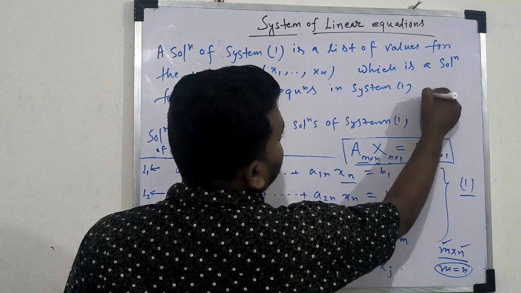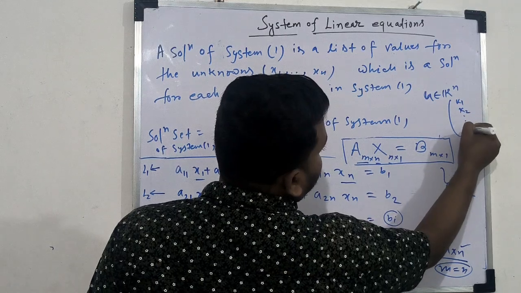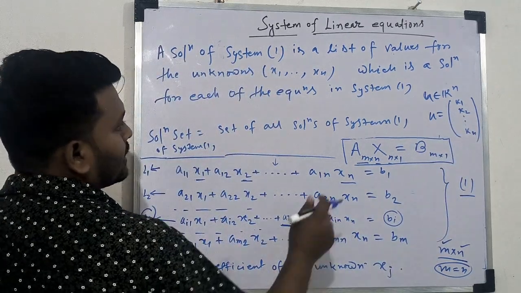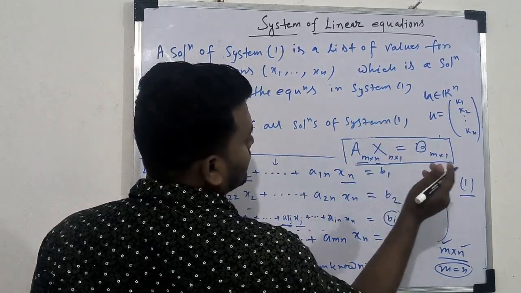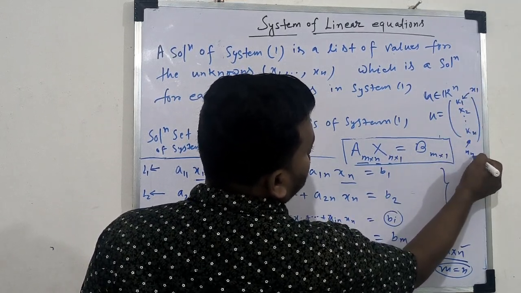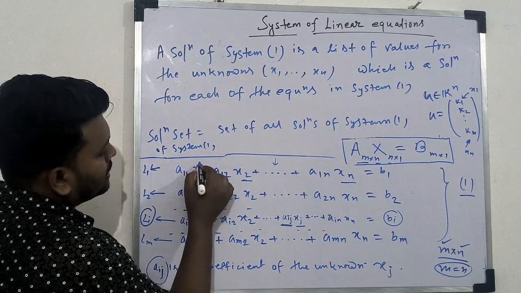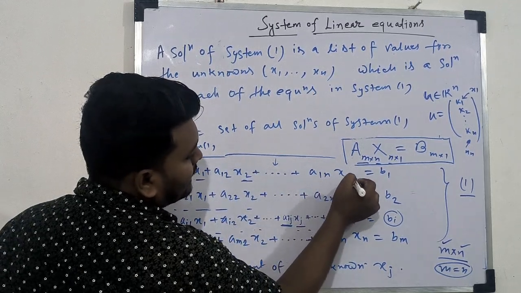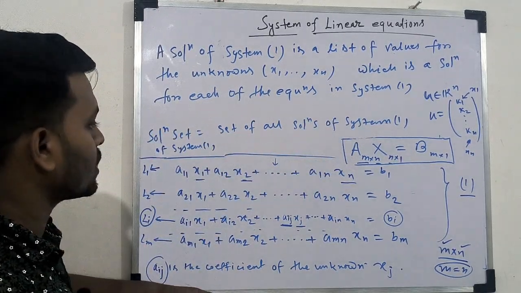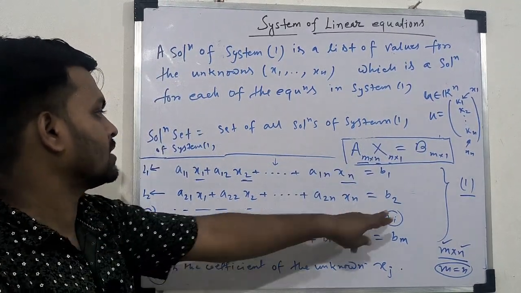So if there is a u belonging to Rn, u equal to k1, k2, ..., kn, such that x1 equals k1, x2 equals k2, ..., xn equals kn satisfies each equation, that is a11 k1 plus a12 k2 plus ... plus a1n kn equals b1, and similarly the others, then we call this a solution for the system of linear equations 1.